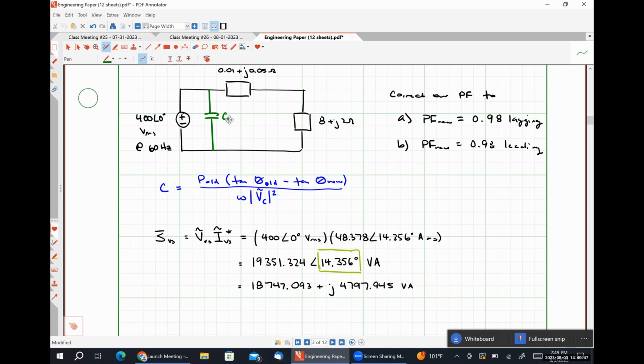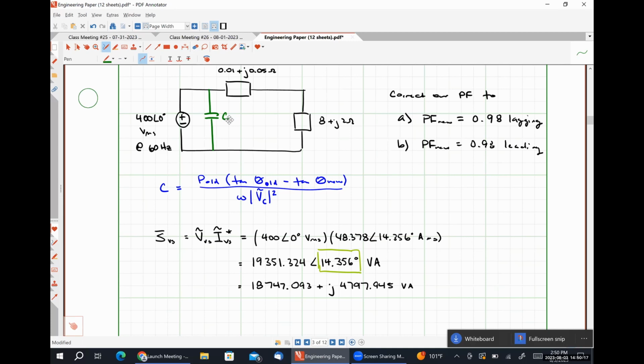Do we have P old, which would be 14.356 degrees? It would be P old? No. So 14.356 degrees is an angle, so it's definitely not power.